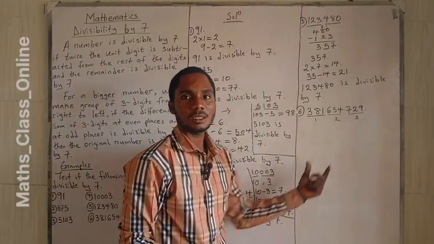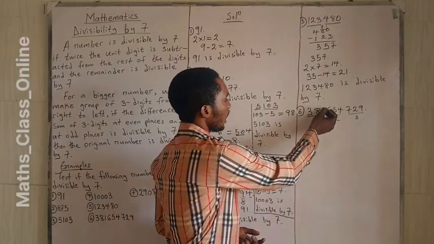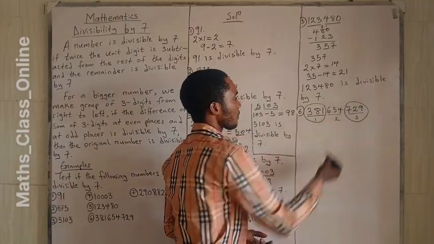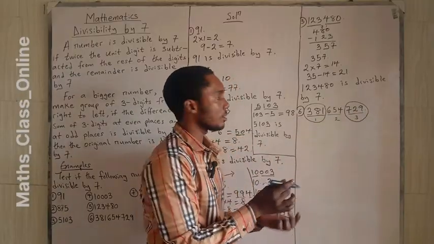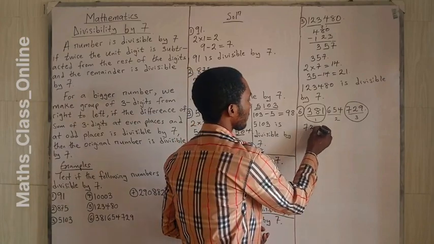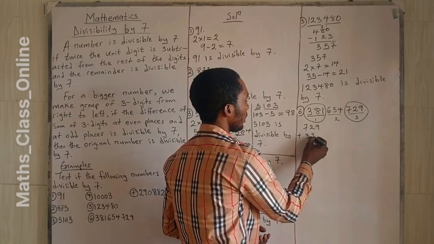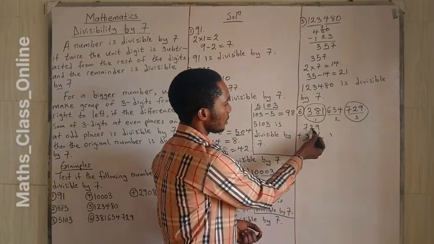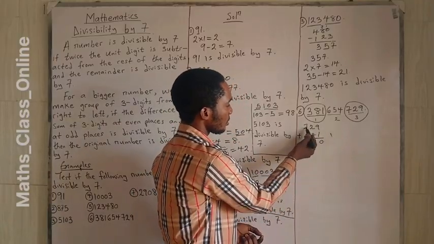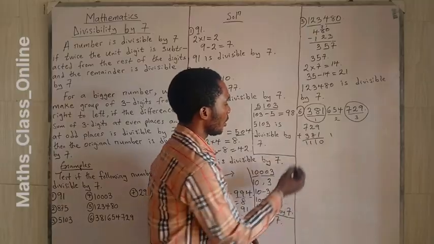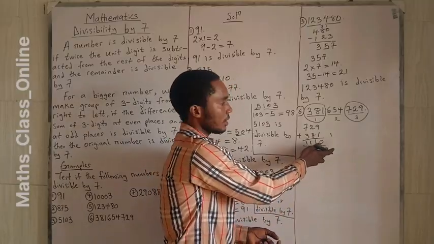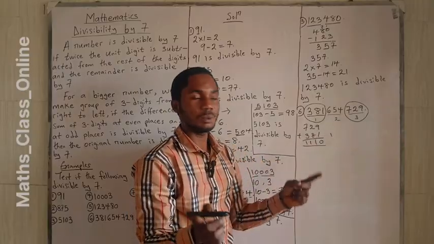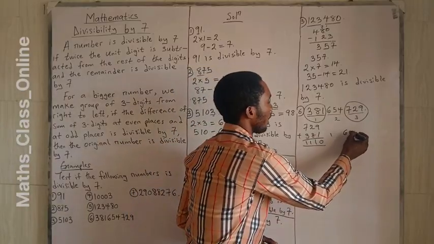The numbers we have at odd places are what? 381 and 729. Let's first of all add these two together. 729 plus 381. We have this to be 1110. And the number we have at even places is just 654.